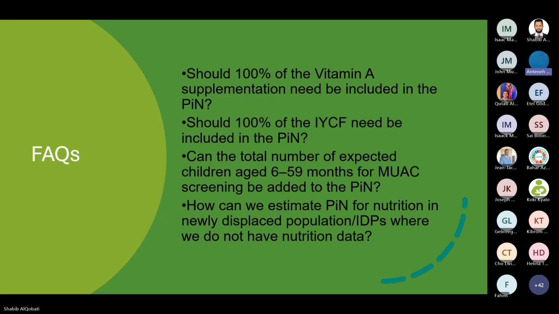If it is 25% based on historical data, you can decide. But usually between 20 to 25% of the IDPs, we consider as people in need for nutrition needs in emergency for displaced or IDP population or people on the move.